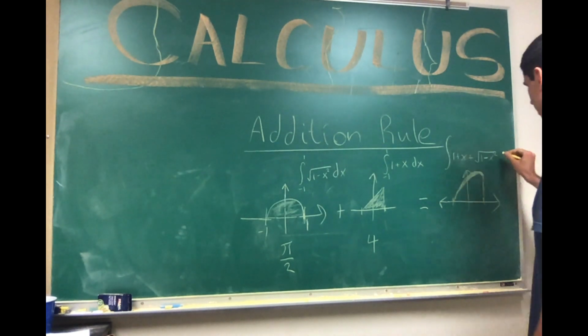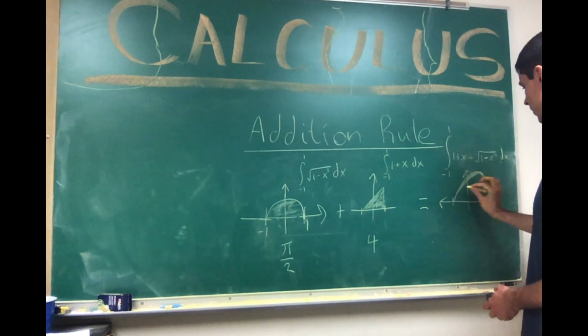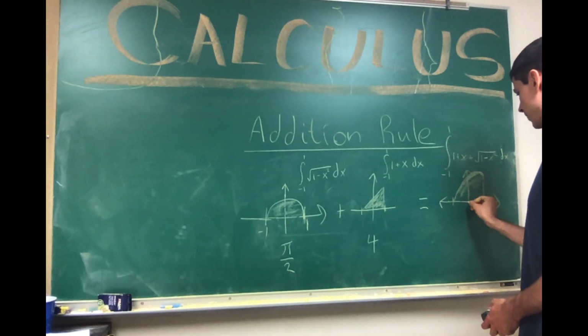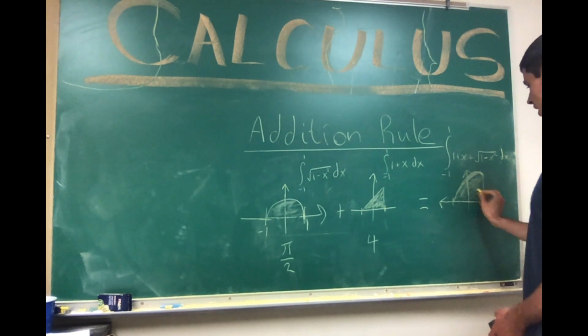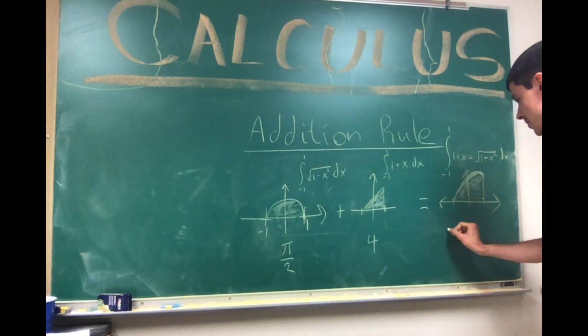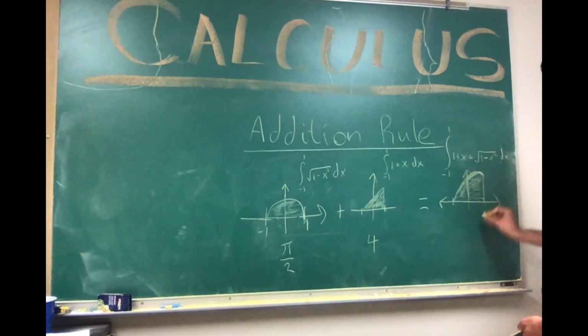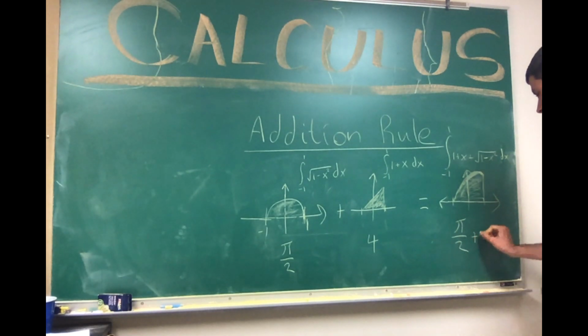And its integral from -1 to 1 is, by the sum rule that we've just discussed, this integral of this seemingly strange shape is just going to be pi over 2 plus 2.